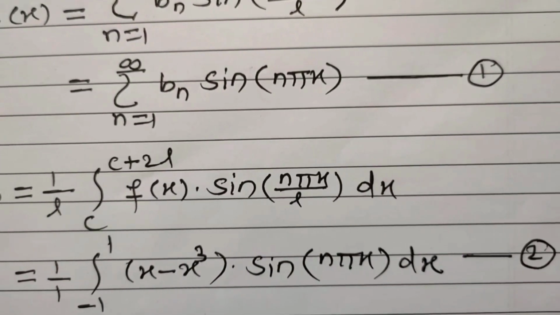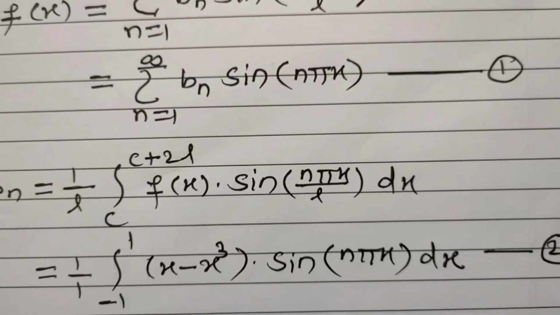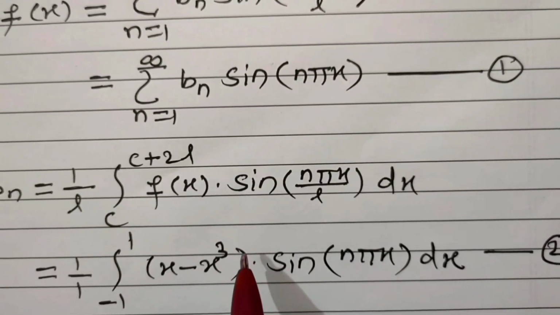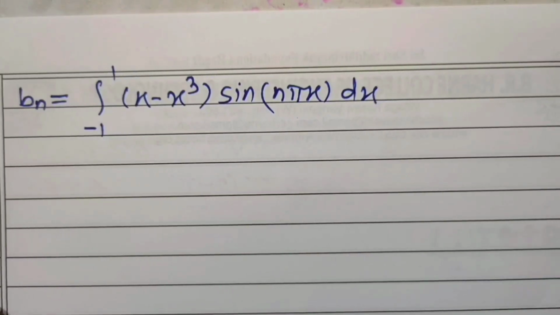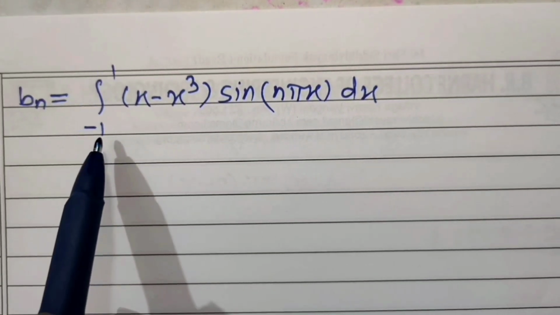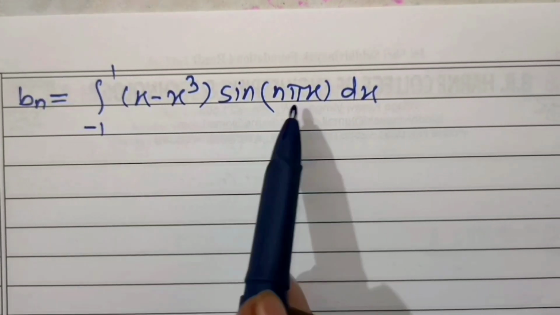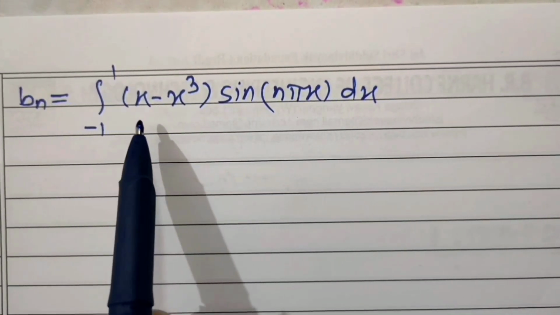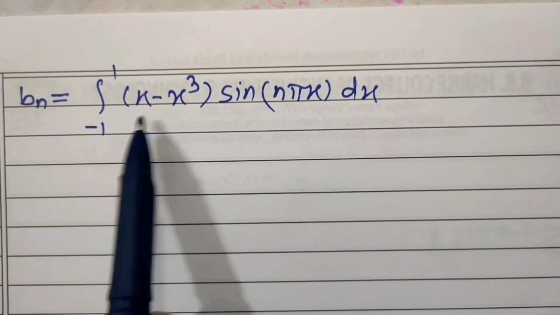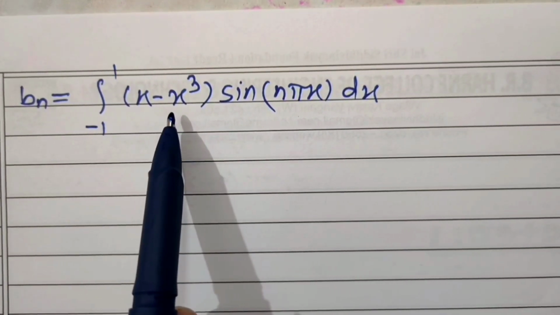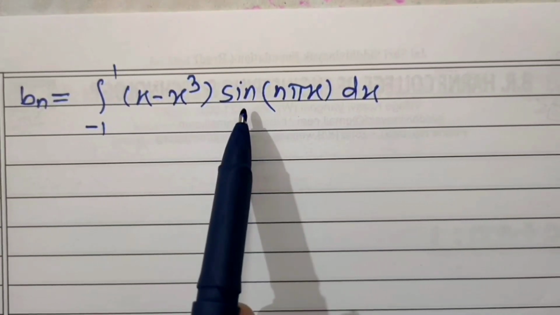Okay, so here we have to evaluate this integral to get the value of bn. bn is equal to integral from minus 1 to 1 x minus x cube sine of n pi x dx. In step number 1, we proved x minus x cube is an odd function and sine function is also odd.